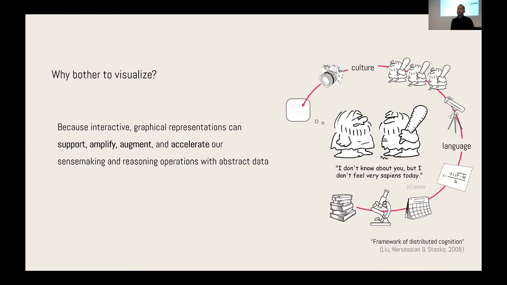It's called the framework of distributed cognition, and it posits that we need tools of all kinds to act in an intelligent way. It also contends that we need collaboration and tools of different kinds to solve our problems.